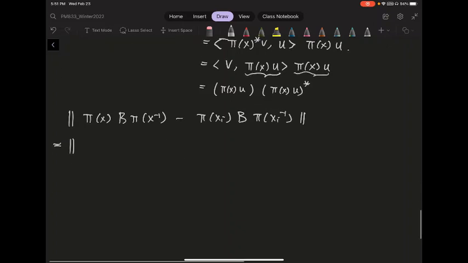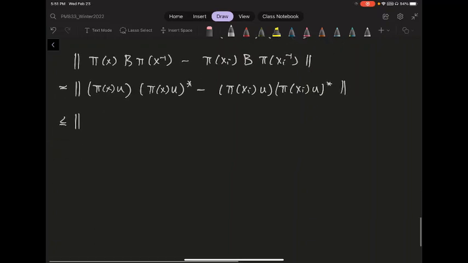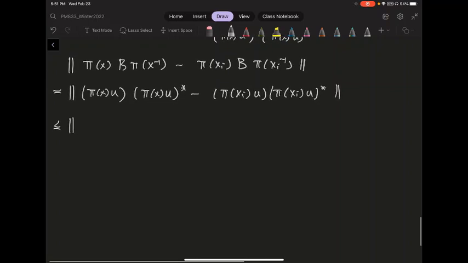Okay, so this is π(x)u times π(x)u star, minus the other rank 1 projection, basically replacing x by ξ, so π(ξ)u times π(ξ)u, the whole thing star. And you do the standard triangle inequality. You break it down into two of these rank 1 operators.